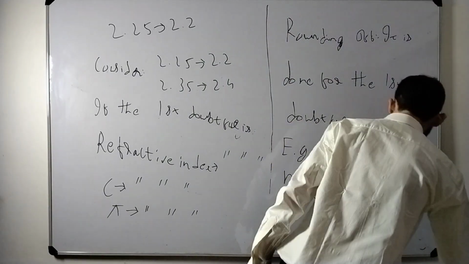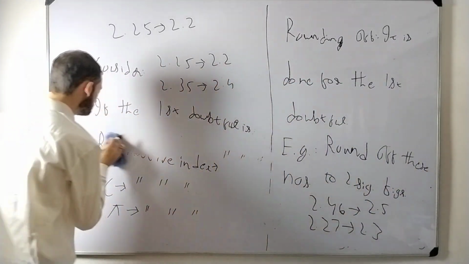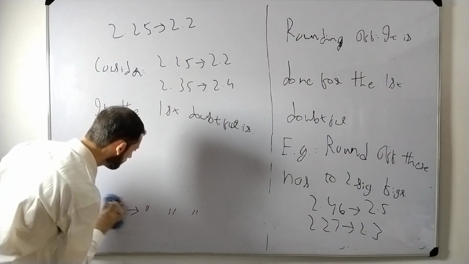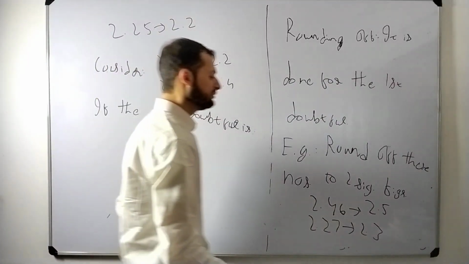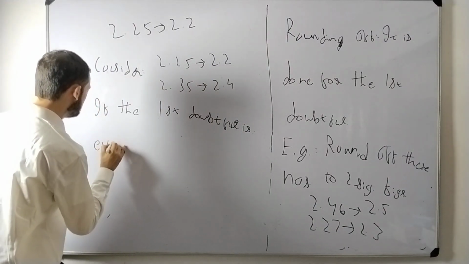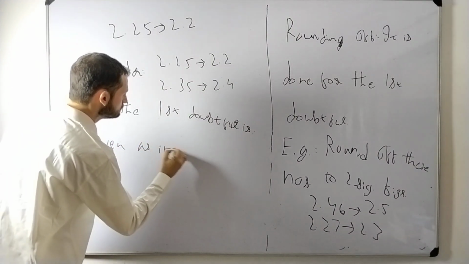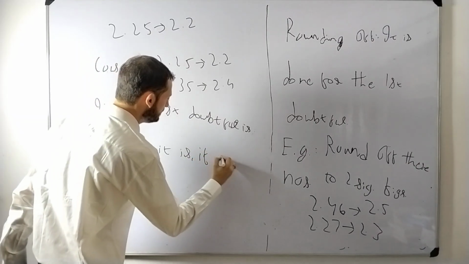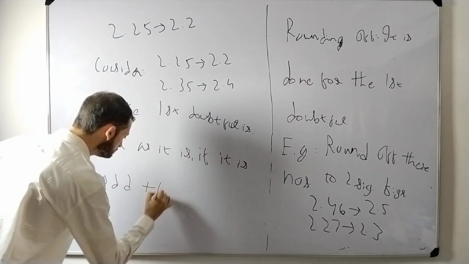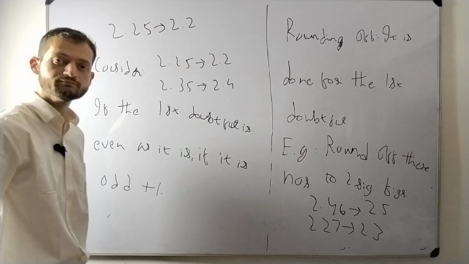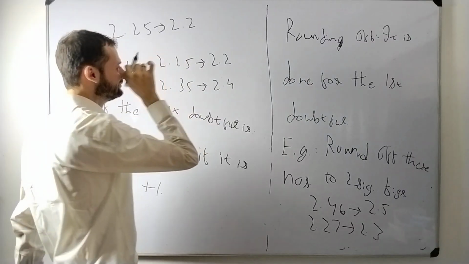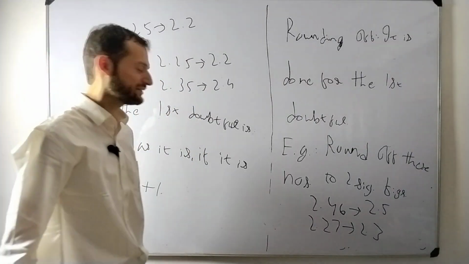Even, the number remains as it is. If it is odd, you add 1. Okay, this is the thing. This is why it became 2.4. This remains 2.2. Okay, students.